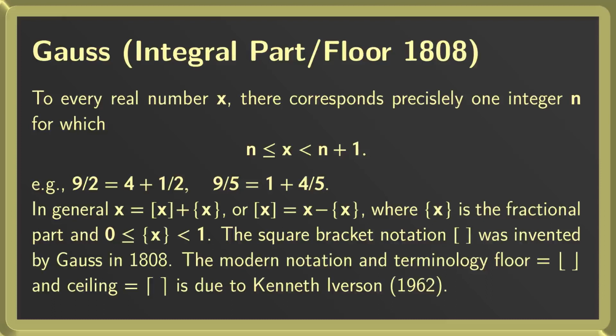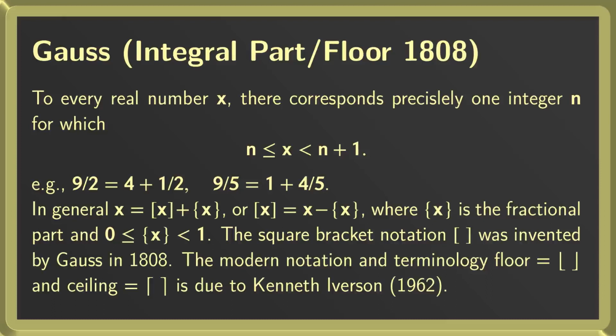Every rational number x can be split into its integer part and a fractional part. For example, the number 9/2 can be expressed as 9 divided by 2 is equal to 4 plus 1/2, equals integer part plus fractional part.